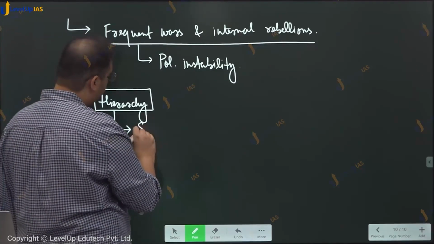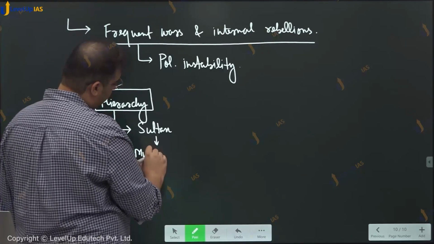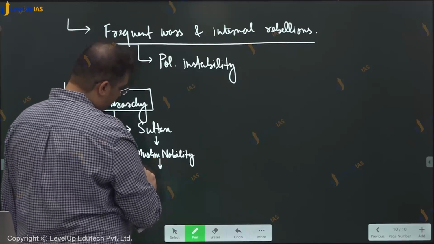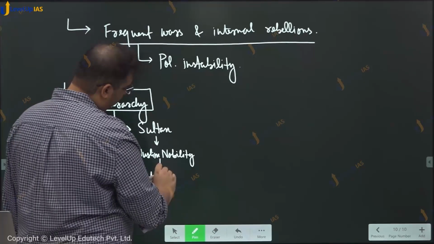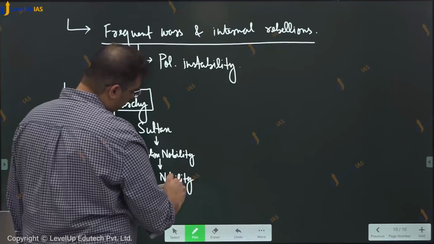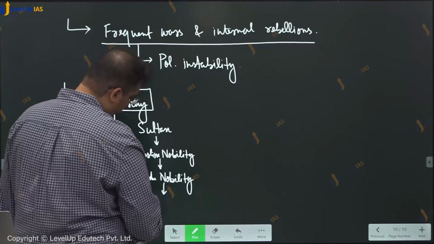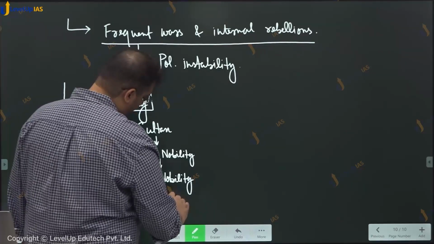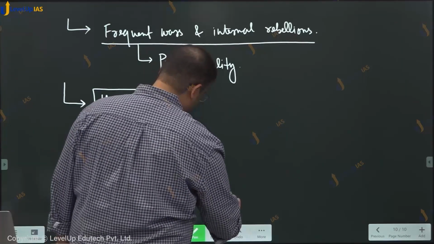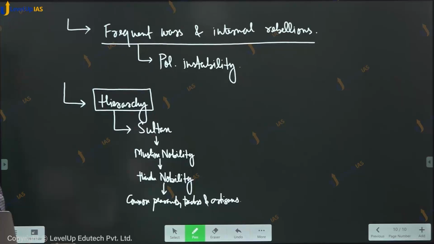At the top was the Sultan, followed by the Muslim nobility, below which were the Hindu nobles, followed by the common peasants, traders and artisans. ठीक है.